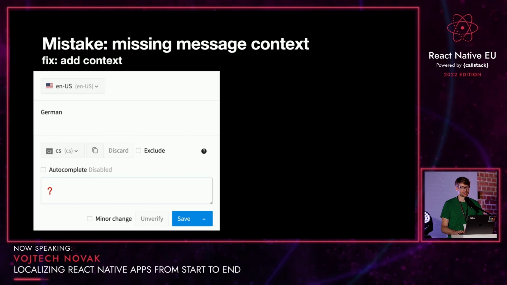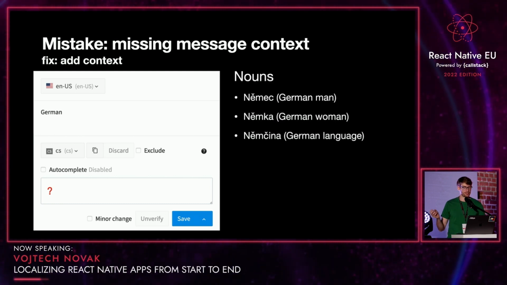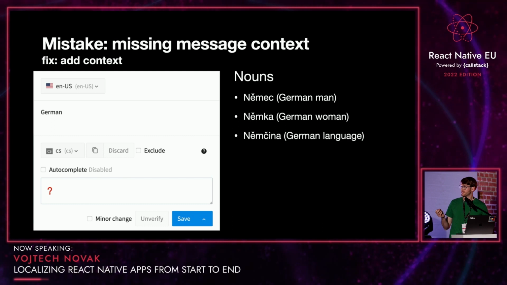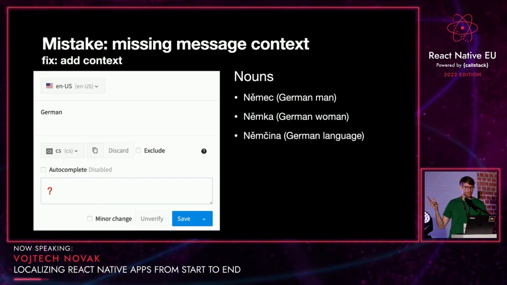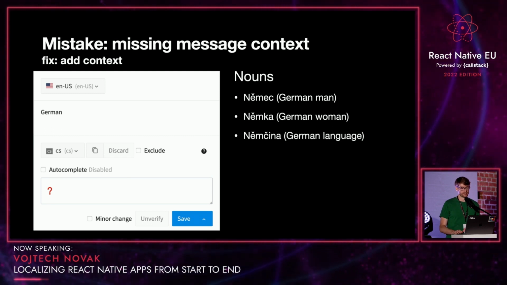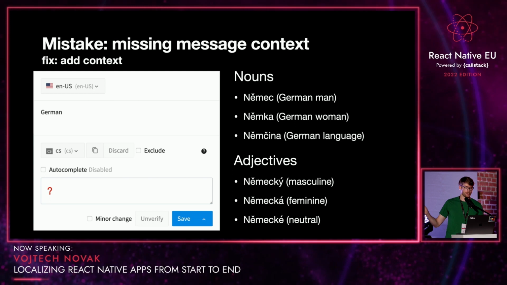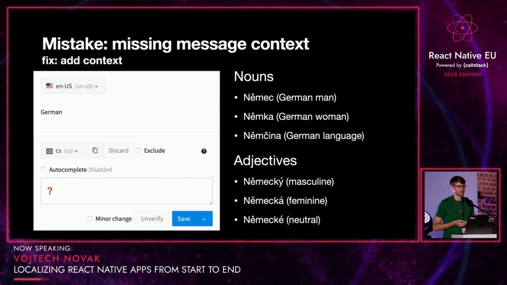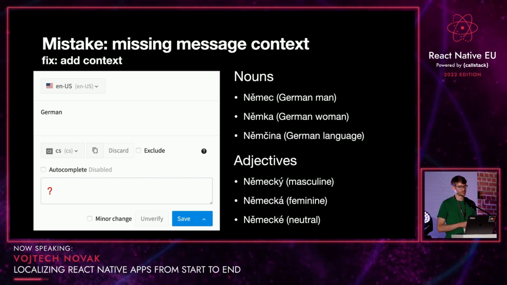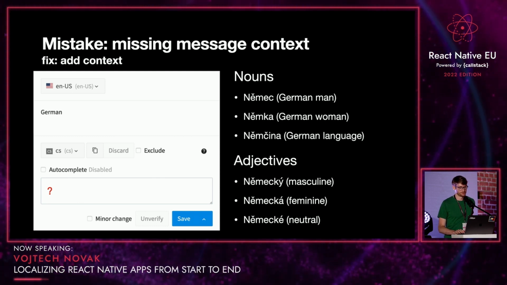It really depends on the context. To give an answer, maybe German is a noun, in which case it might be either one of these translations. But maybe the word German here is an adjective, in which case it might be one of these 3 words. So you have at least 6 possible translations for one word, and it all depends on context.